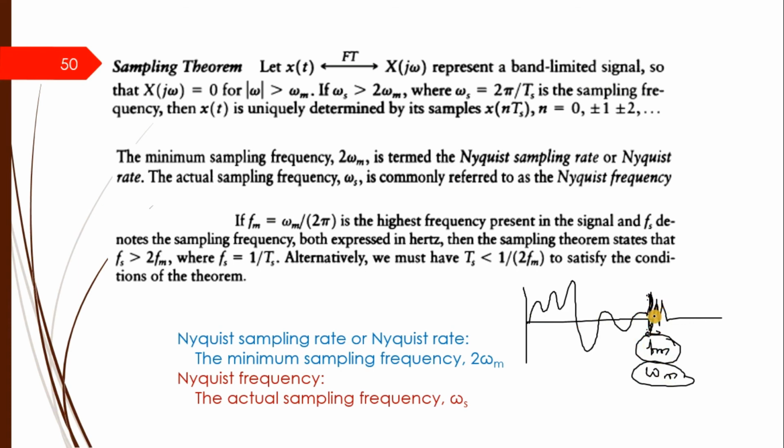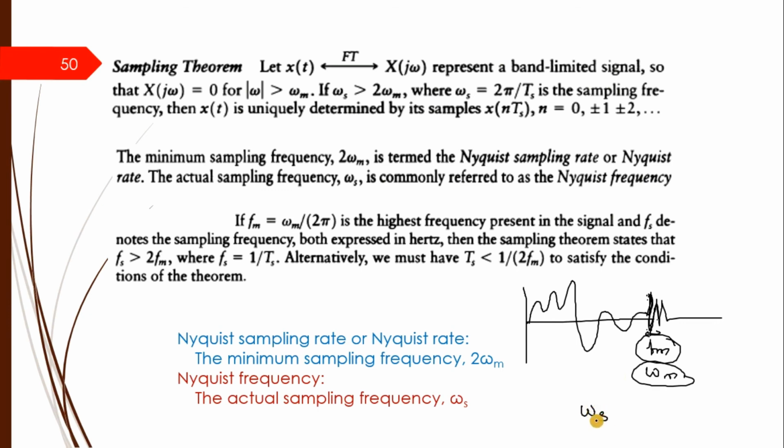To record this sudden variation, my sampling time should be much faster than this. I hope you're understanding. Hence, what Nyquist, the scientist called Nyquist, did is he defined a sampling theorem. What he said is, to record the samples of a rapidly varying signal, you have to follow one simple rule. What is that rule?